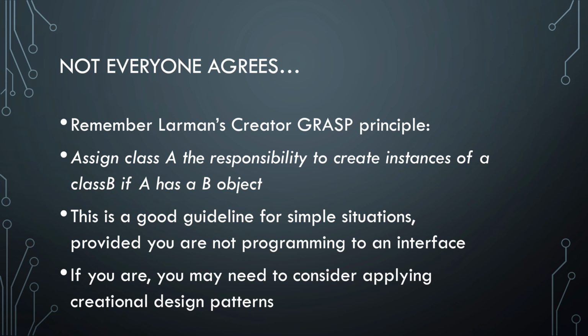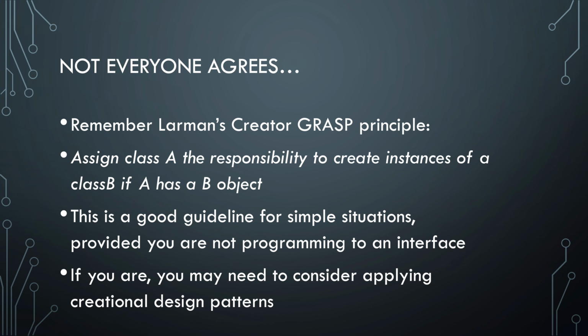The GRASP principles also mention this creator role. Larman says that overall, if a class A has a B object, it's the responsibility of A to also create that B object. This works fine if B is a direct implementation of something.